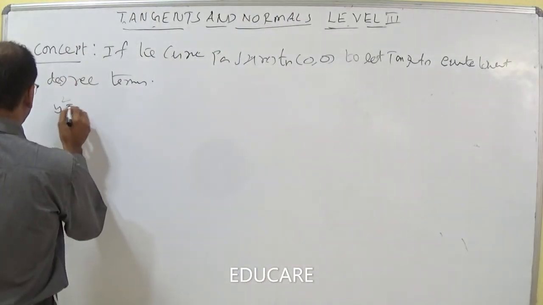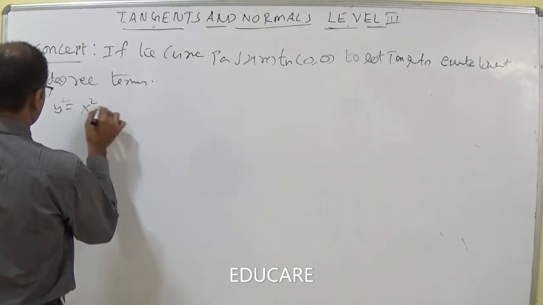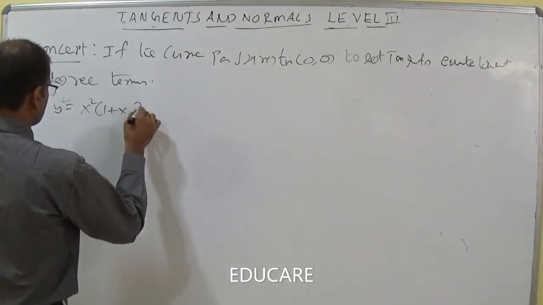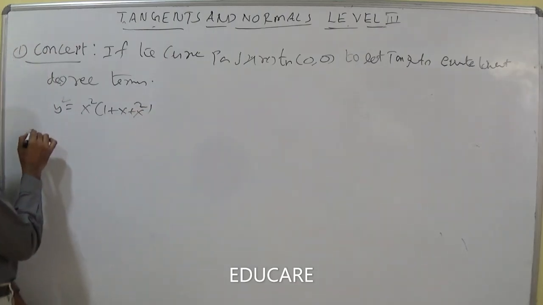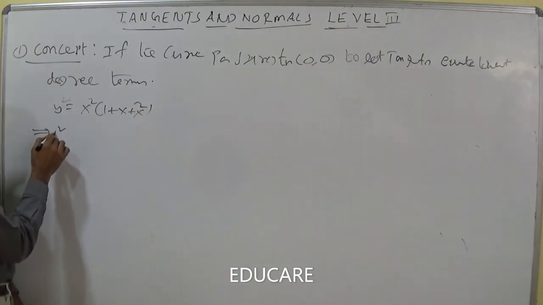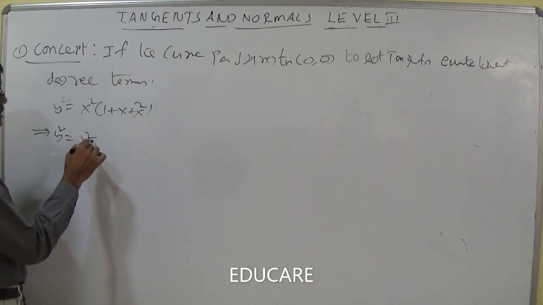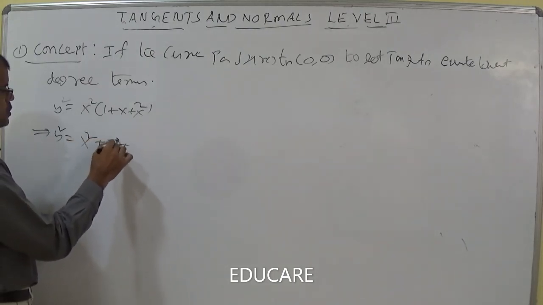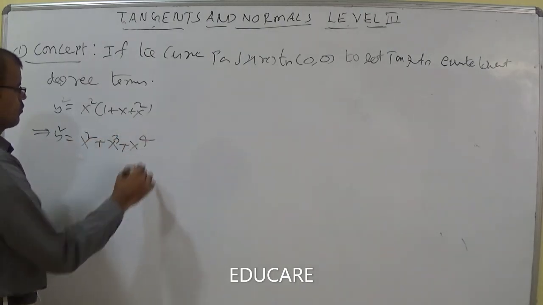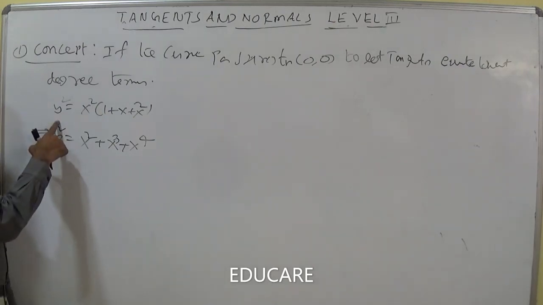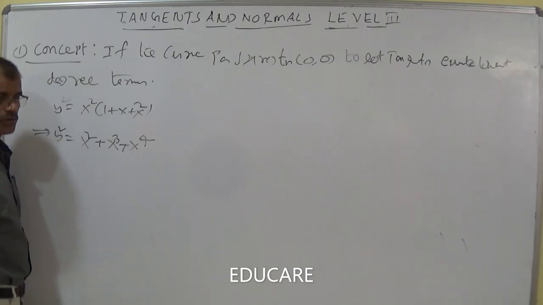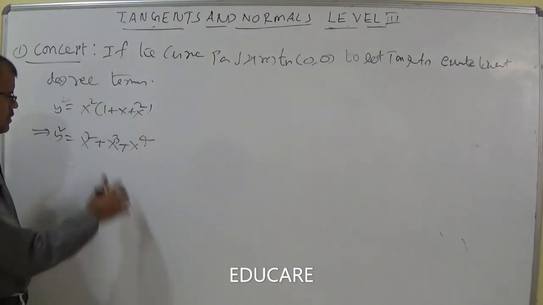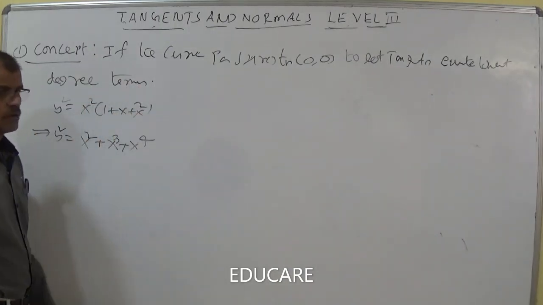Now he gave y square is equal to x square into (1 plus x square). So you write here y square is equal to x square plus x cube plus x power 4. Substitute the value 0 here: 0 square is equal to 0 square into anything, 0 into (1 plus 0) becomes 0.